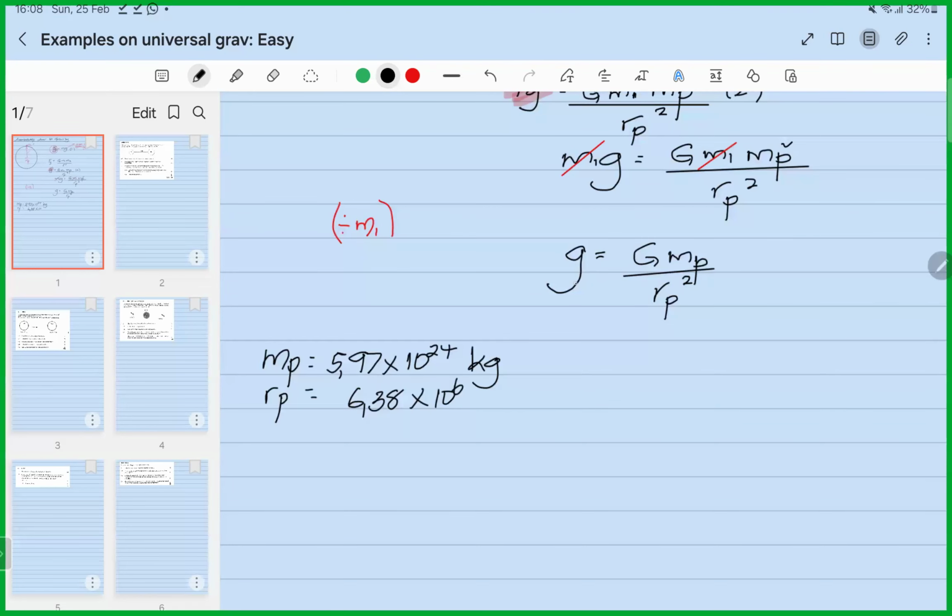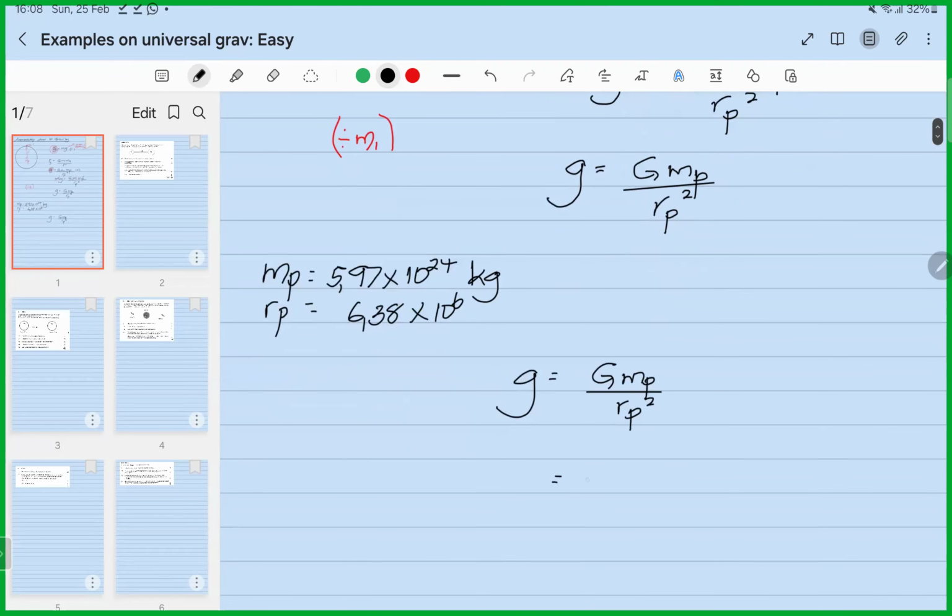If I now plug that into this formula, I should come back to an answer which is very, very close to 9.8. So g, we'll now put G, mass of the Earth over the radius of the Earth squared. I'm going to need your assistance. 6.67 times 10 to the minus 11.